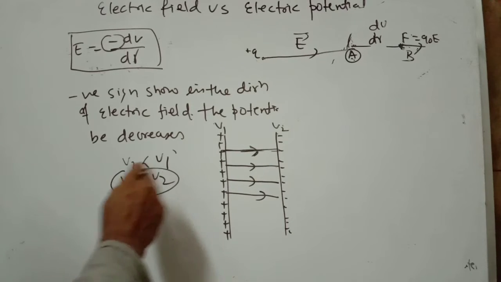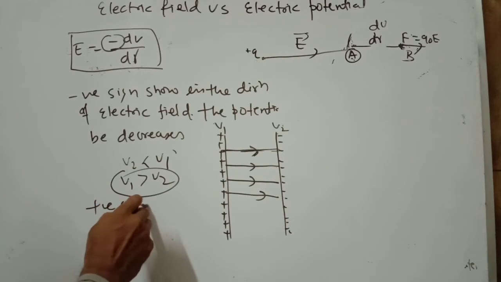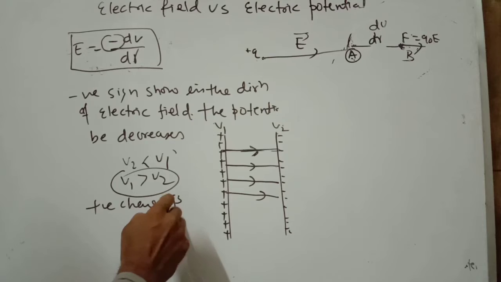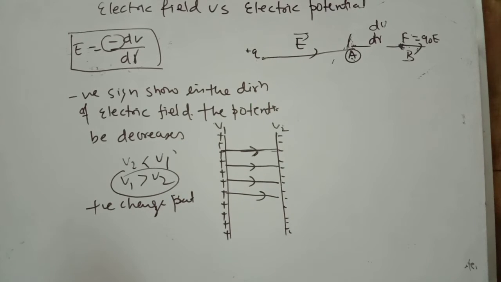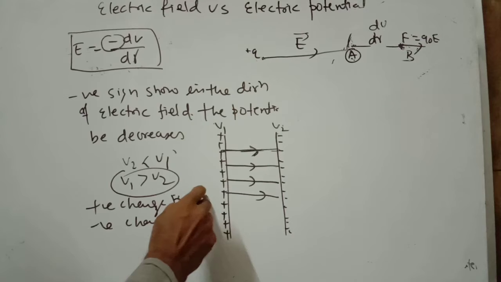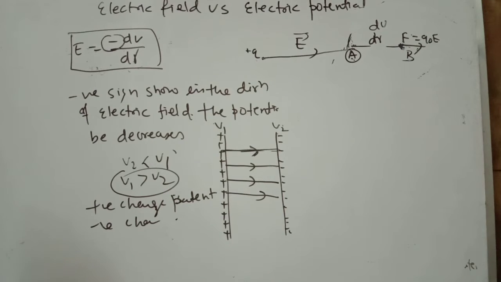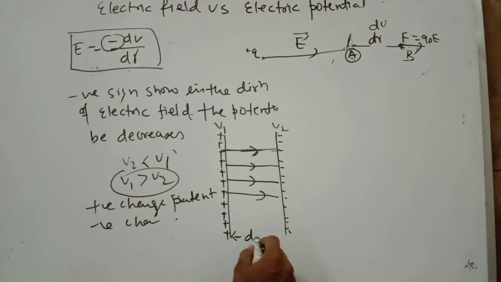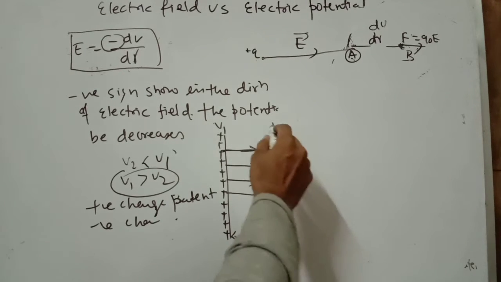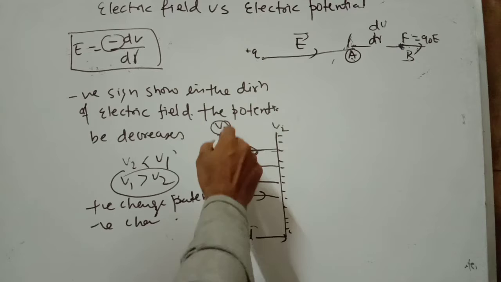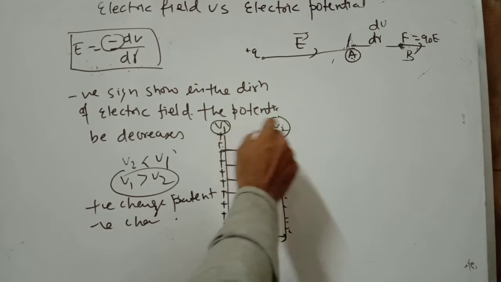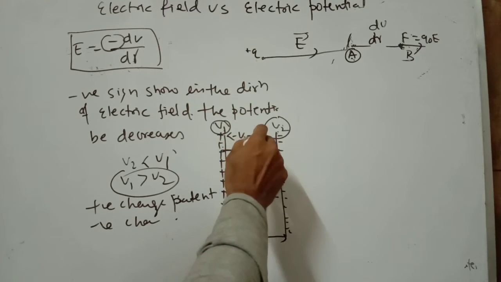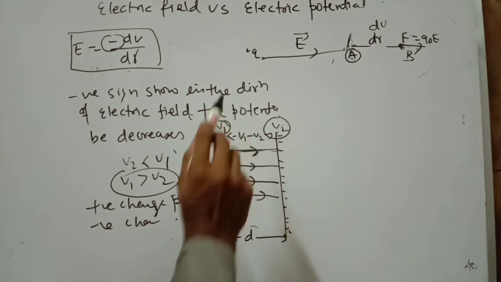So the positive charge plate is at a higher potential with respect to the negative charge plate. The negative plate is at lower potential and the positive plate is at higher potential. If the distance between the two plates is d, then the potential difference is V1 minus V2, where V1 is the higher potential and V2 is the lower potential.